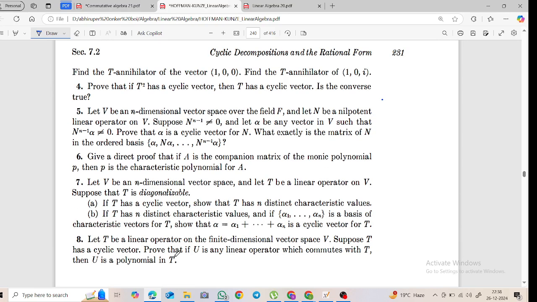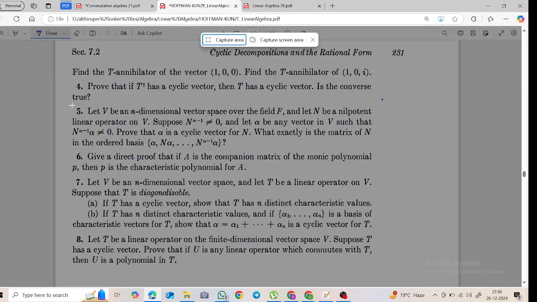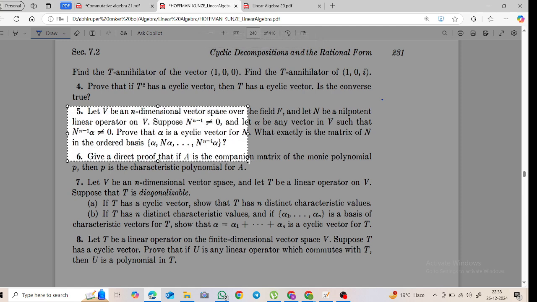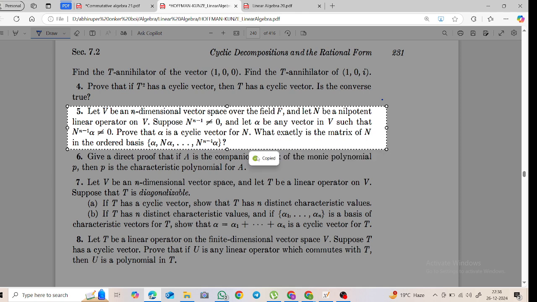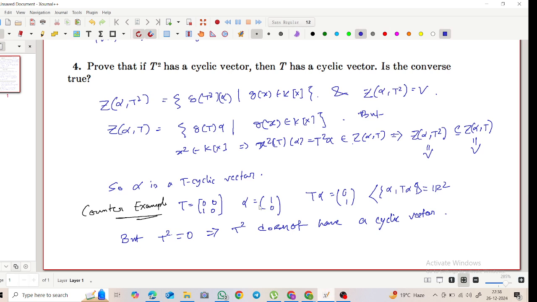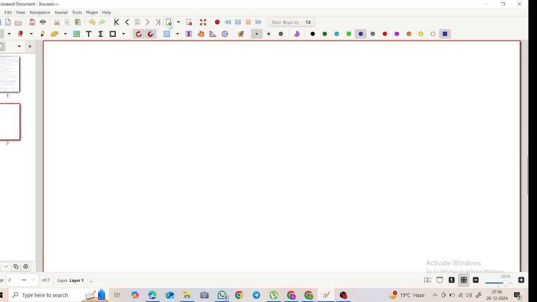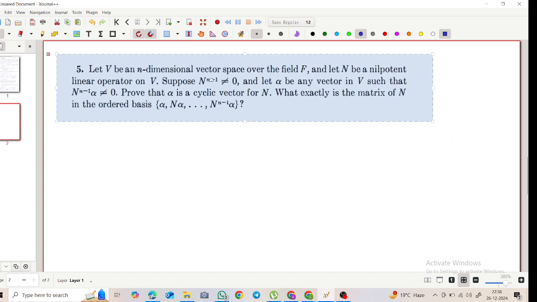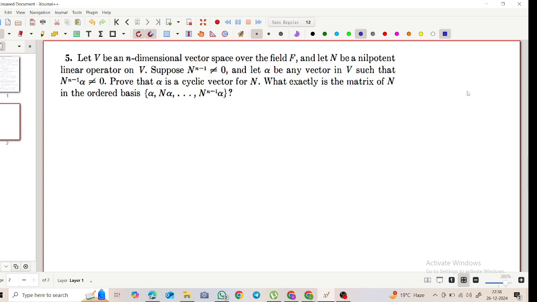Let's do 5. This is a problem we have done a lot of times, but okay, let's do it again. So N is a nilpotent matrix on an n-dimensional vector space, and N to the power n minus 1 alpha is not 0. So clearly we will have to show that this set is linearly independent.